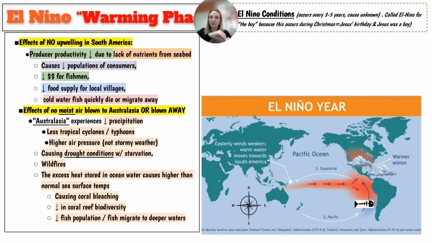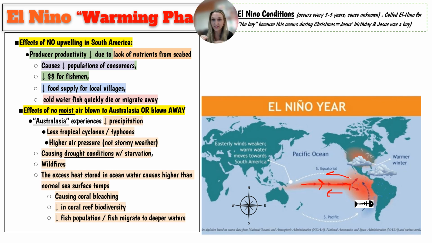So the effects of no moist air being blown towards Australasia, or it's blown away. And again, in this picture you have it shown as a reversal, so going in the opposite direction, being blown away. But even when it's not reversed and it's just weak winds, just this little puff of air, it's still not enough.